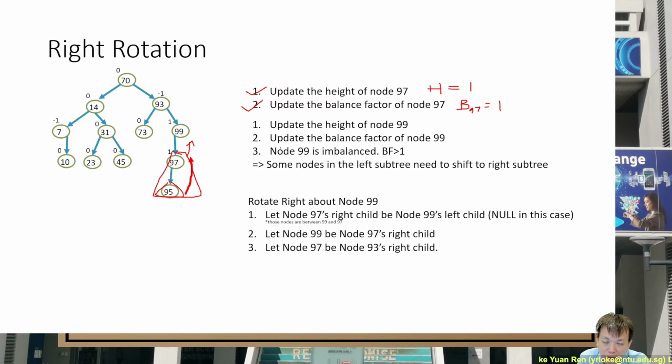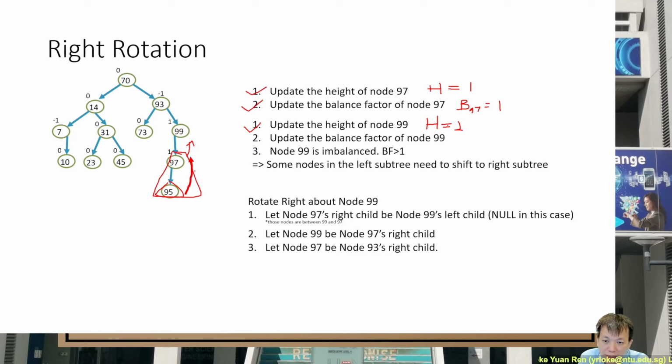When I go back to 99, I do the same thing again. I update my height at node 99. Now the height of 99 will become 2. And then I update the balance factor.